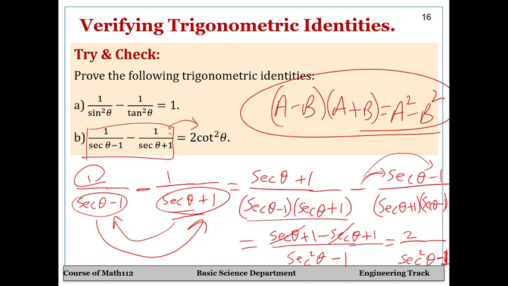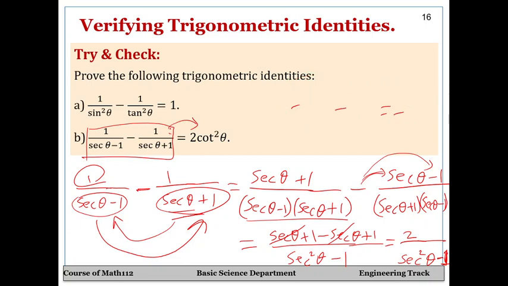Okay, question. What is secant squared theta minus 1? Do you remember this? How can I do it? If you don't remember it, just go for the basics. 1 over cosine squared theta, and then you combine.